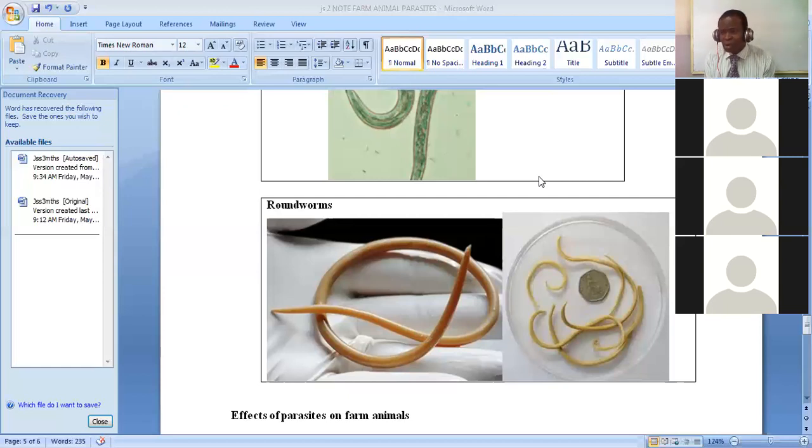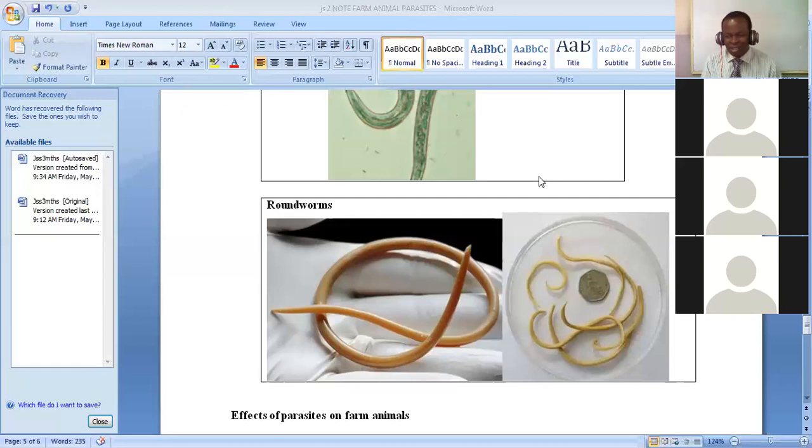For human beings also, if a person buys pork, for instance, and doesn't cook that meat completely, maybe he's trying to taste whether the meat is cooked, and the meat is partly cooked, and that person eats the eggs that are inside the meat, it can also be passed from mother to infant.